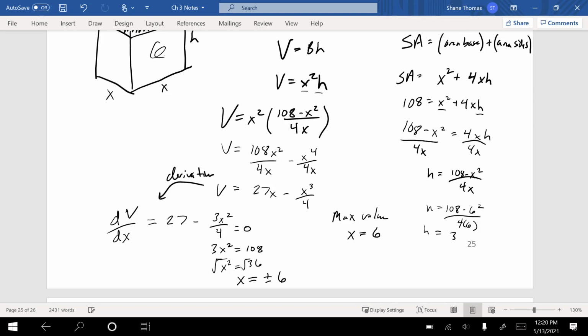So I have a max volume when x is 6, when h is 3, and the dimensions would be 6 by 6 by 3. That gets my max volume based on the parameters given and having 108 inches of surface area. What's H equal? 3. The bottom would be the base of it, and this is the height.